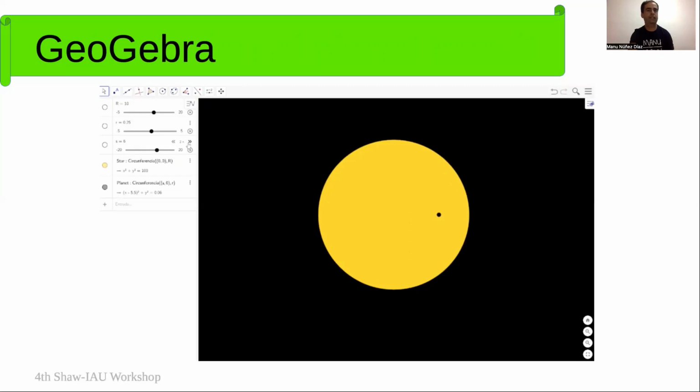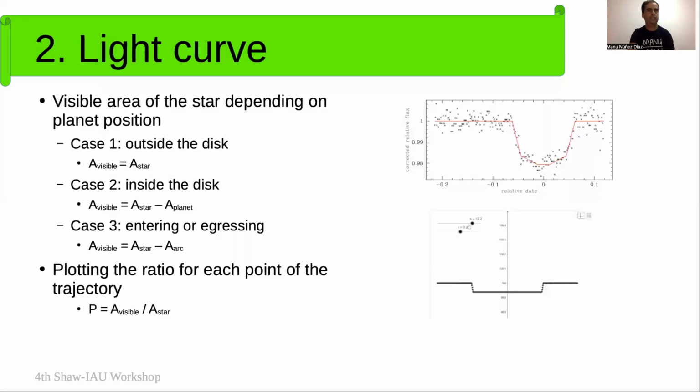In the second part of the project, the light curve was computed with the visible area of the star. We distinguish 3 cases depending on the planet position. If the planet is outside the disk, the visible area is equal to the star area.